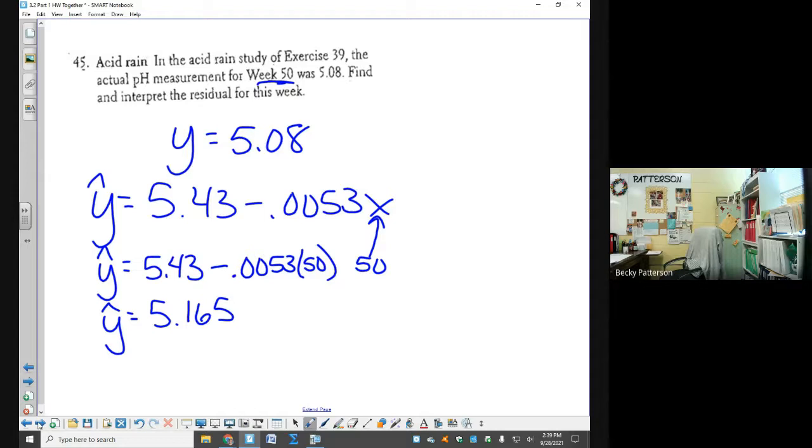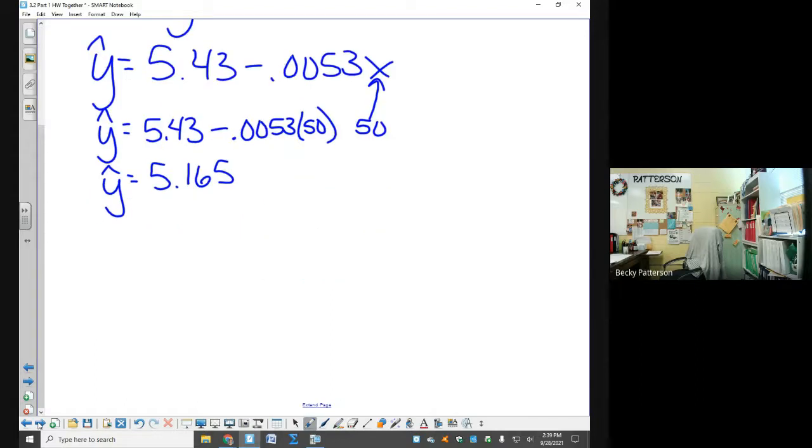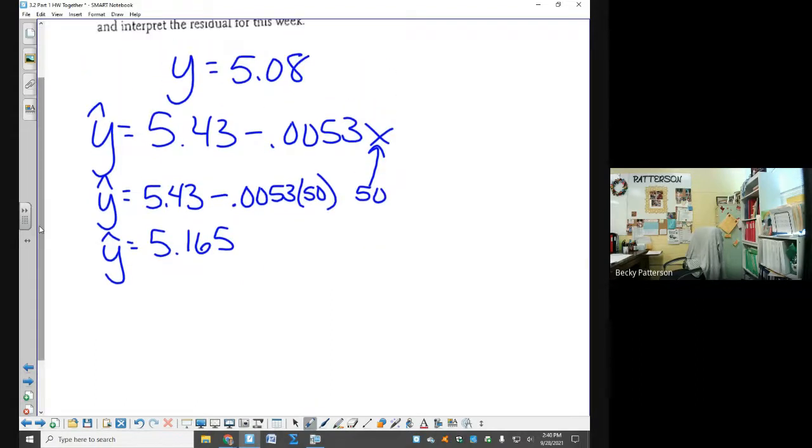Is that your answer? No. It said find and interpret the residual. Now residual does not have a letter. It's not R because R is already taken. So we're just going to call it res, for residual. You have to write the formula first. You can't just throw numbers in here. What's the formula for residual? Y minus Y hat.